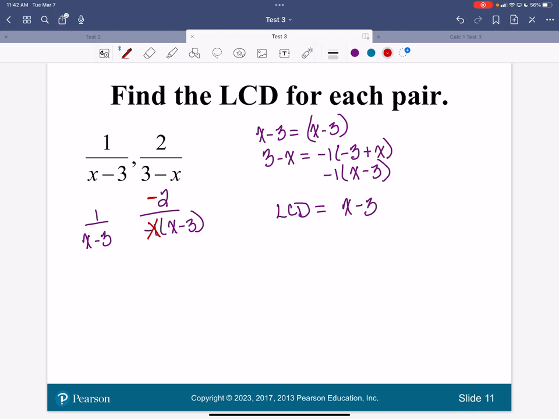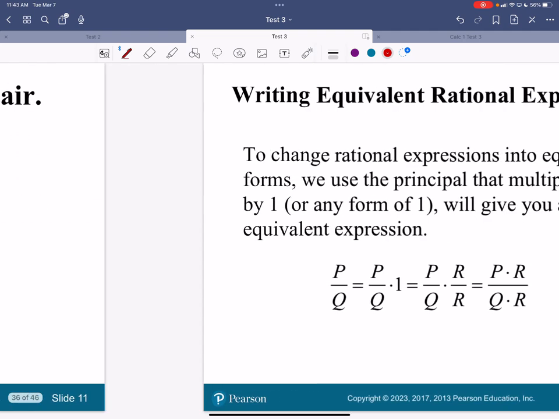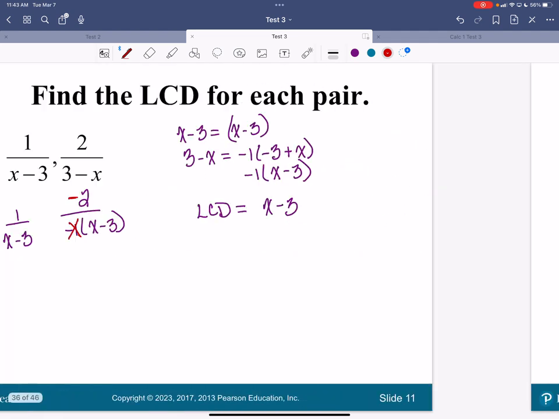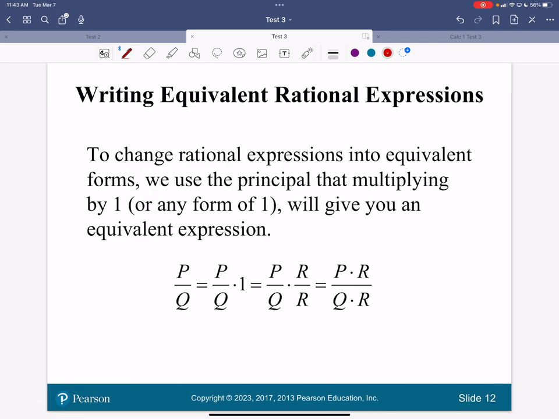Okay, so we've talked about how to find your LCDs. Actually, we're going to write equivalent fractions first because this is important too. You are used to writing equivalent fractions, and we talked about this on Thursday in class.